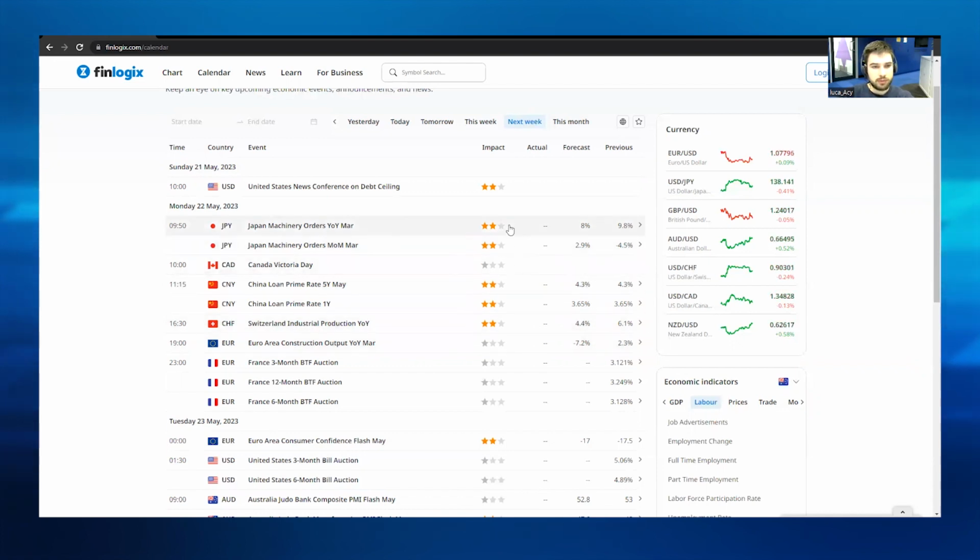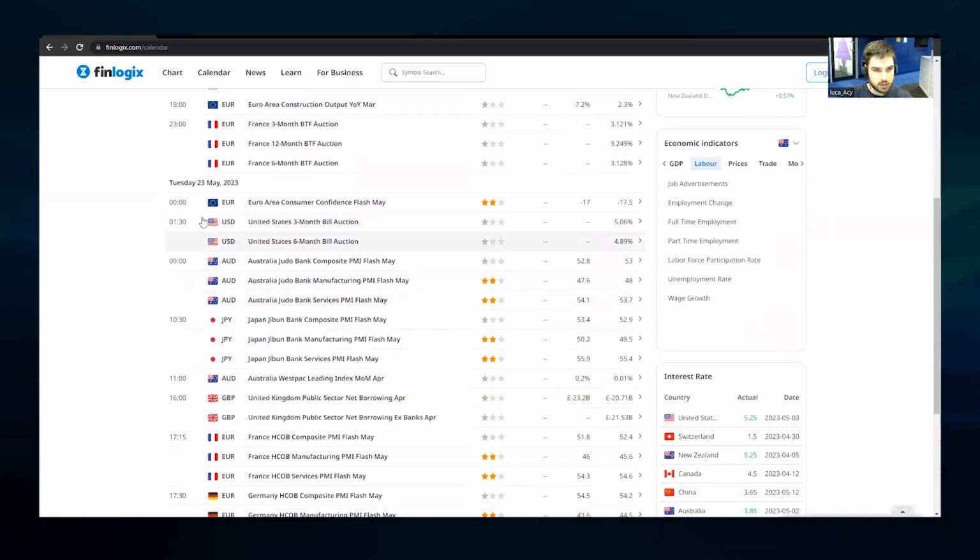The only few things that can impact a few currencies will be the China loan prime rate 5-year and 1-year, which can affect our Australian dollar a bit. We also have Japan machinery orders and industrial production, not much here.